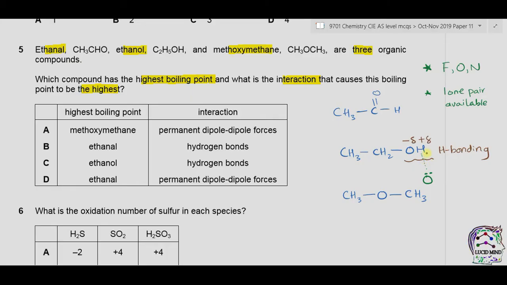So it is attracted to this hydrogen atom, which causes hydrogen bonding. In other molecules, we just have partial charges, so there are permanent dipole-dipole forces present. As hydrogen bonding is stronger as compared to permanent dipole-dipole forces, the melting point and boiling point will be high. Hydrogen bonding takes place in ethanol. The answer is therefore C.